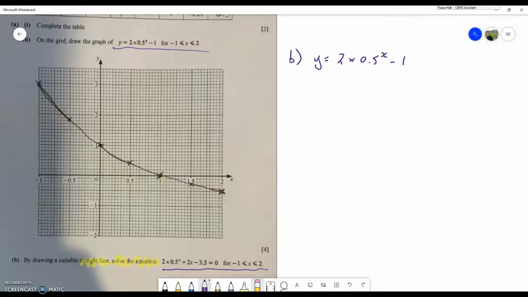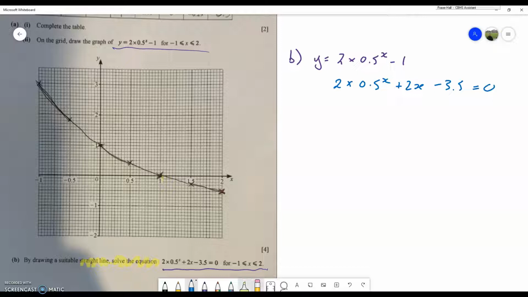And the domain is between -1 and 2, but that's also the same for the second one, so we can ignore that. Then we look at the equation that we need to solve, which is 2 times 0.5^x plus 2x minus 3.5 is equal to 0.